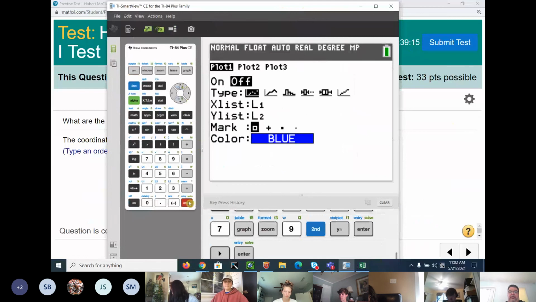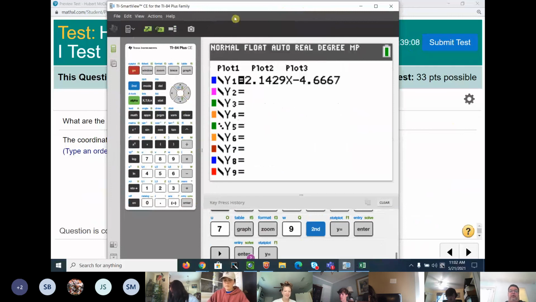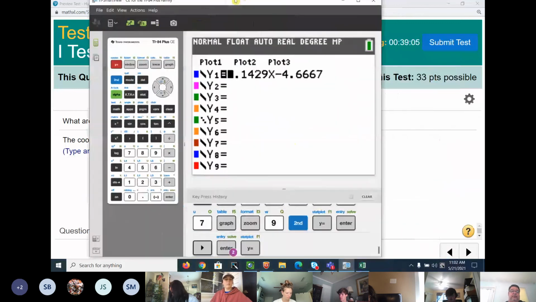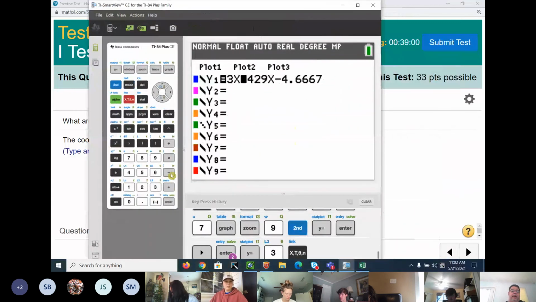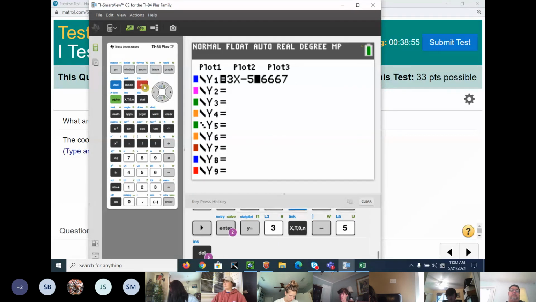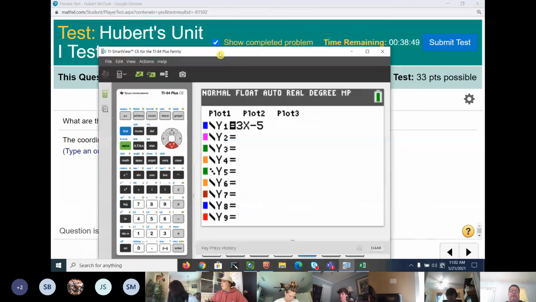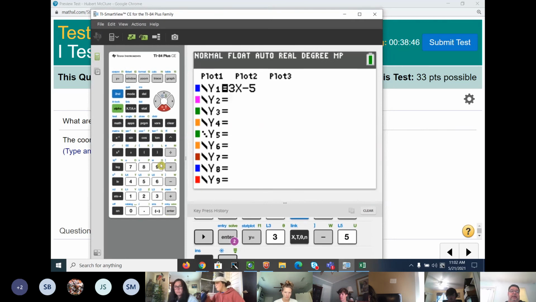It does not work together otherwise, so you got to turn stat plot off whenever you're not doing a statistics-based problem. So y is equal to 3x minus 5. And the next one is 9 minus 4x, which nobody ever writes it like that. They're just trying to trip you up.